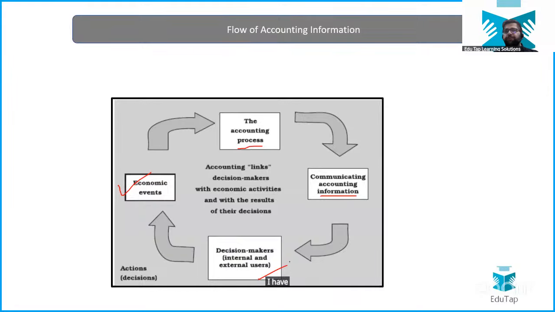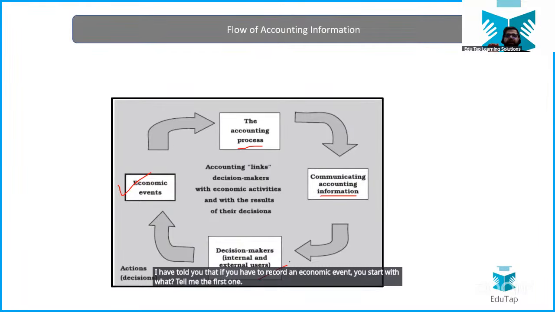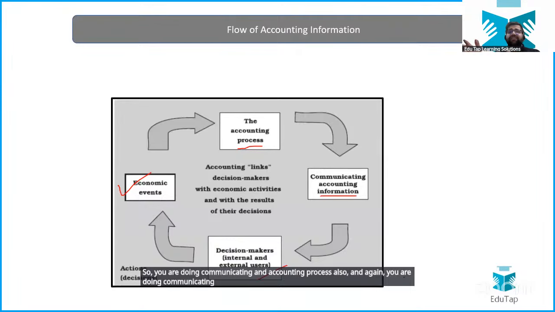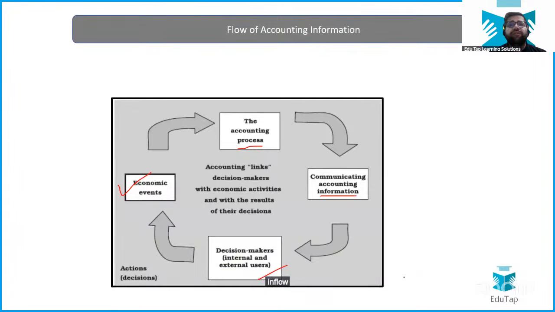I have told you that if you have to record an economic event, you start with what? Tell me the first one. Recording transactions, yes: identifying, measuring, recording, and communicating. So you are doing communicating in the accounting process, and again you are doing communicating as the third step in the flow of accounting information. So what is this confusing thing?